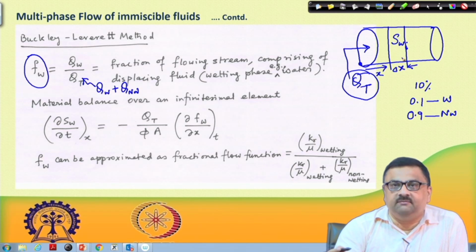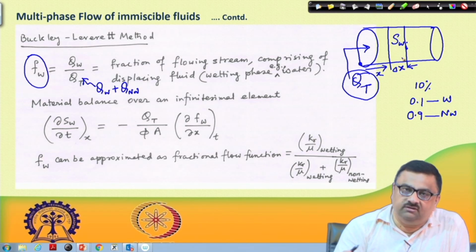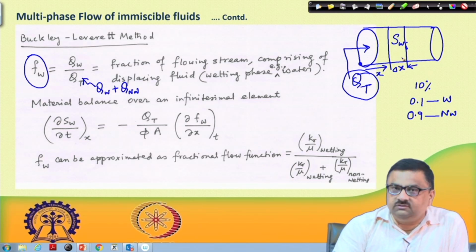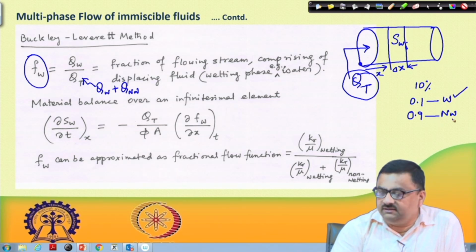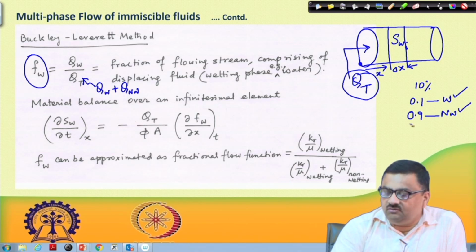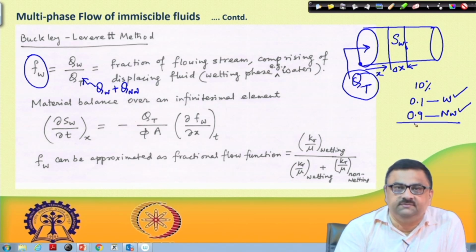Once again, Sw plus Snw has to be equal to 1. To start with, we assume that this entire core has 0.1 wetting phase saturation and 0.9 non-wetting phase saturation, so that the sum becomes 1, that is the total void volume.